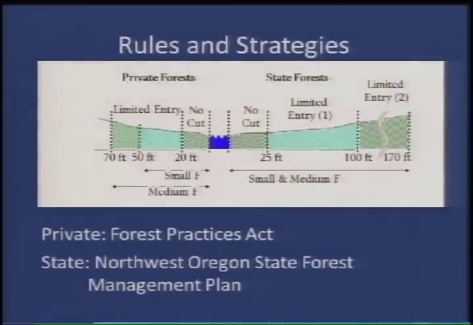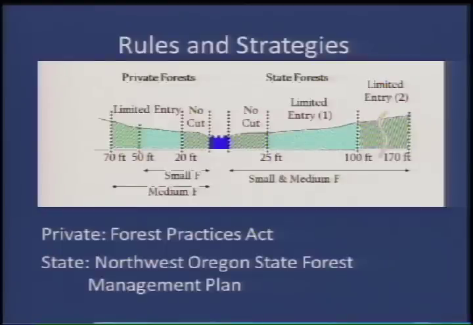So the way we achieve our water quality goals is through buffer retention. And I mentioned the private forests versus state forests because they're managed in some different ways. On private lands, all landowners must follow the Forest Practices Act. And for that, there's a 20-foot no-cut buffer on small and medium type F streams.